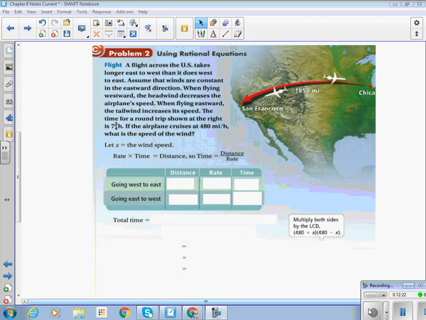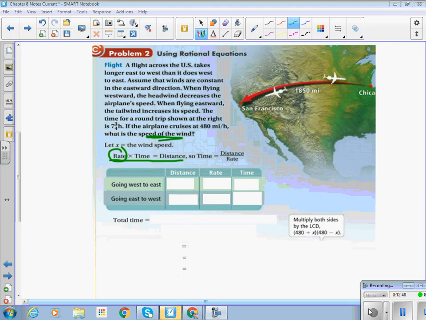Please recall, anytime we're doing distance, time, and speed, we want to use rate times time equals distance. They're asking for the speed of the wind. That is also known as the rate. So we are going to divide both sides by time.